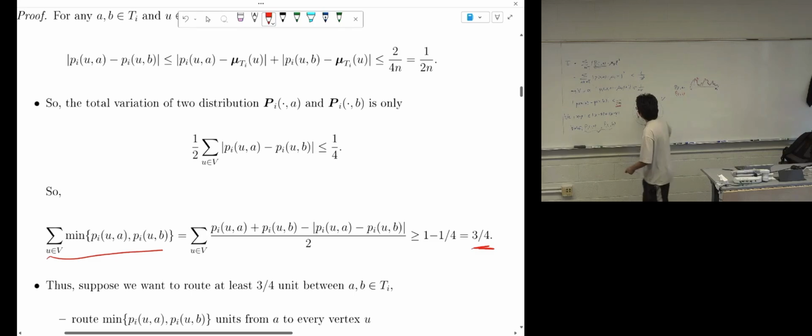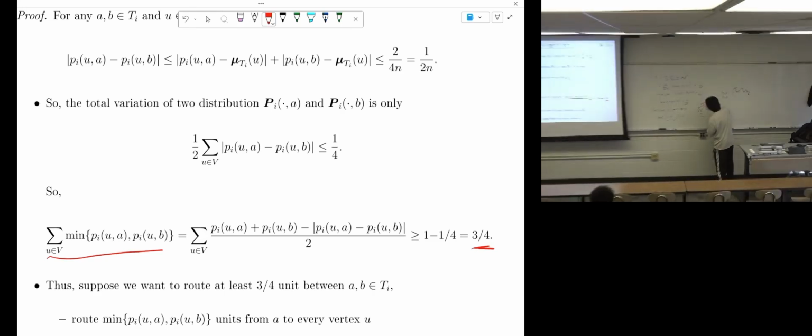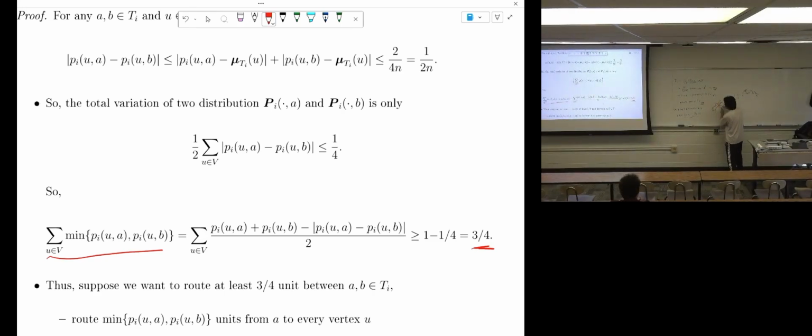By how much am I going to do this? I know that there is a way to send flow from U to A with congestion 1 by this much. You can send this unit of flow to A by this much, and you can send this unit of flow to B with congestion 1 again by this much.